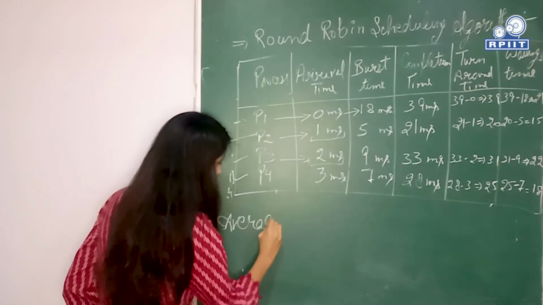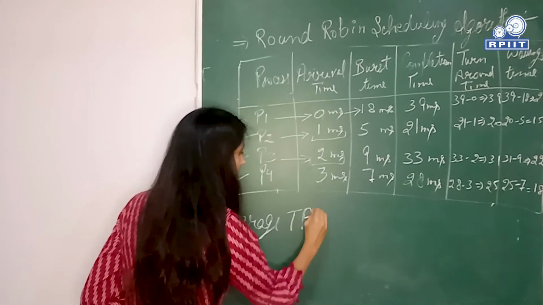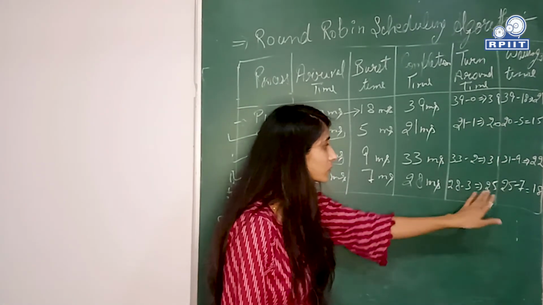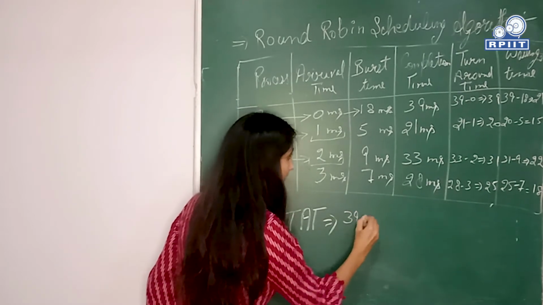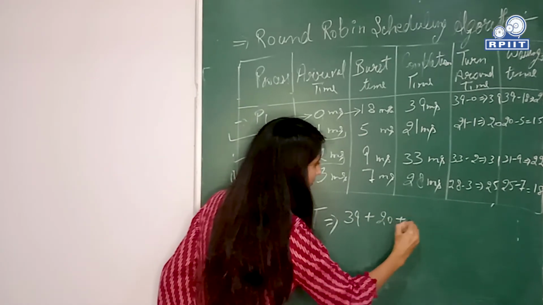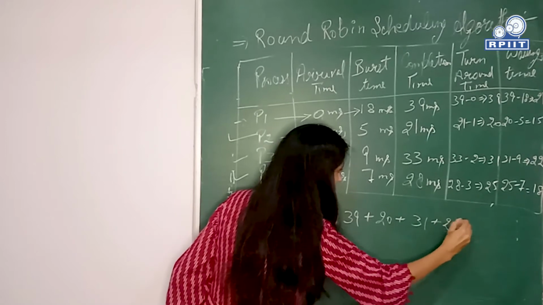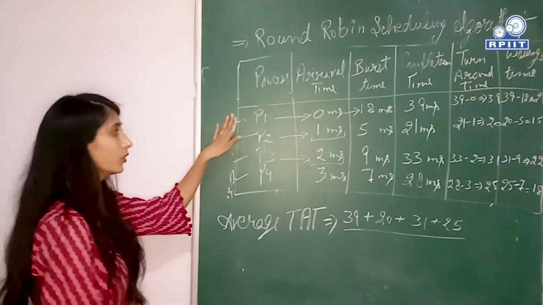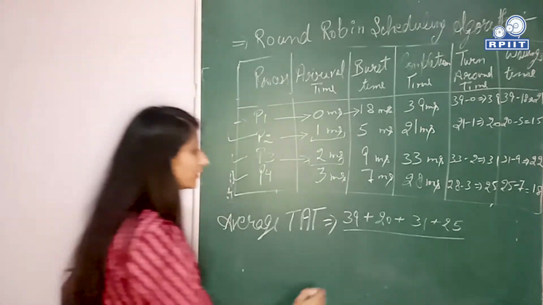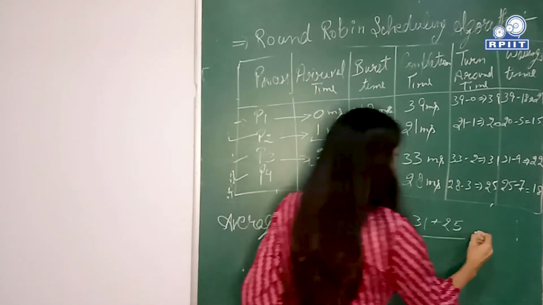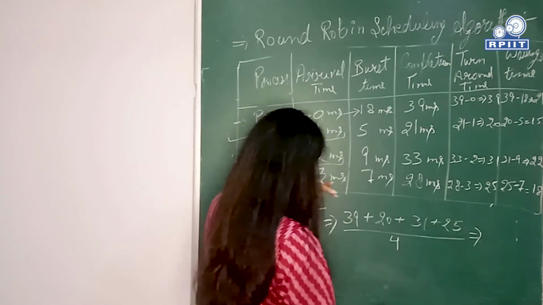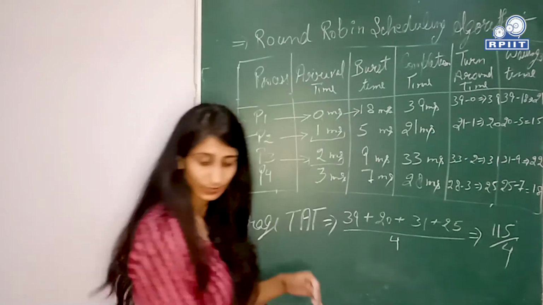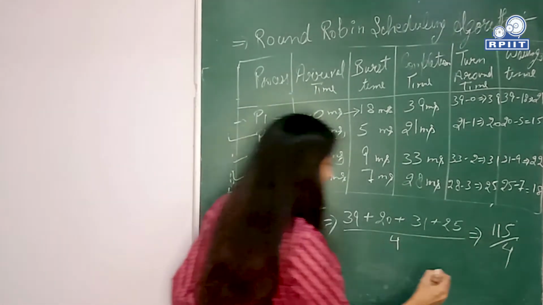Average turnaround time equals 39 plus 20 plus 31 plus 25, divided by the total number of processes. Here we have 4 processes, P1, P2, P3 and P4, so divided by 4. That is 115 divided by 4, that is 28.75.